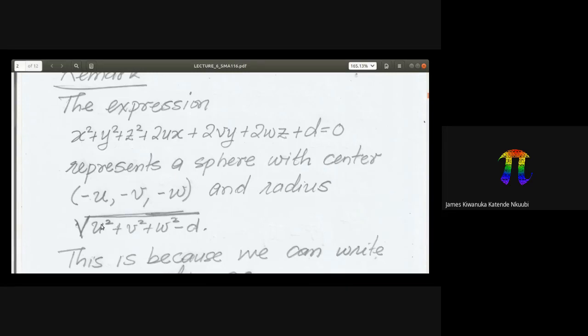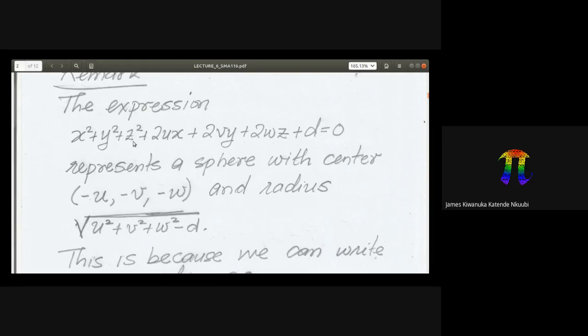You can do that by completing the square. You know how to complete the square of a quadratic equation? Yes, John? Yeah, so you can complete each. You see you have x squared and 2ux. You can complete that one. To complete it, you will need to add u squared, right? And to complete the one for y, you will need to add v squared.